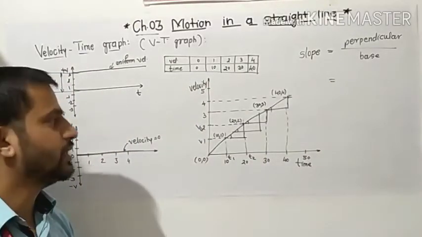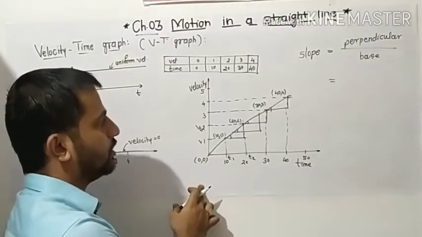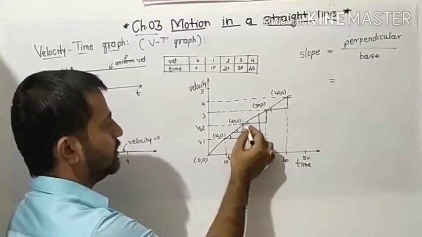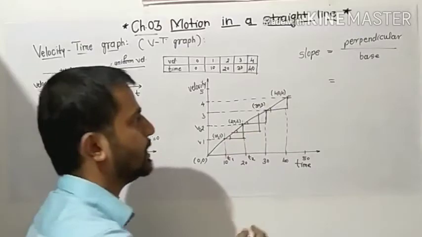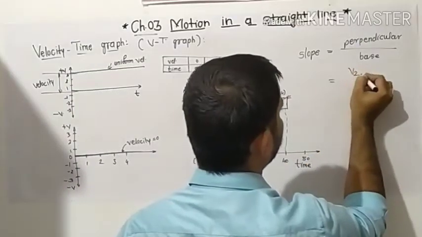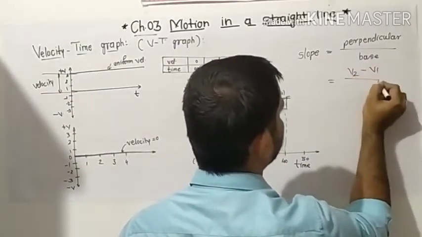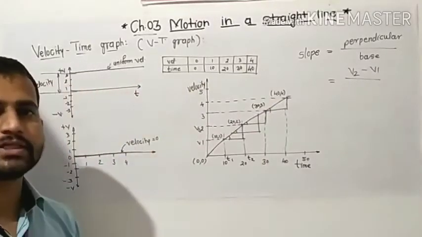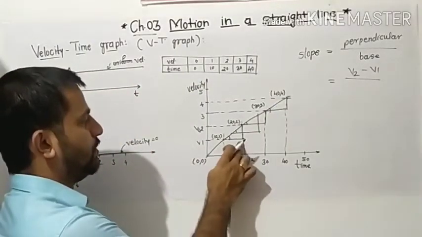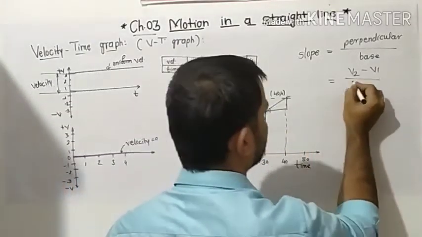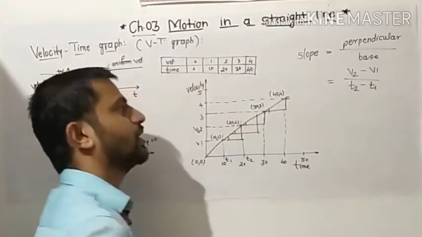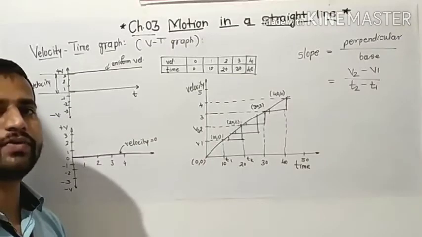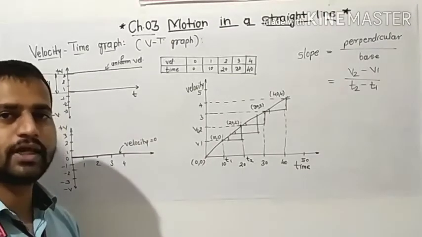The length of this perpendicular will be equal to V2 minus V1. And the base will be T2 minus T1. So the slope is equal to V2 minus V1 upon T2 minus T1.